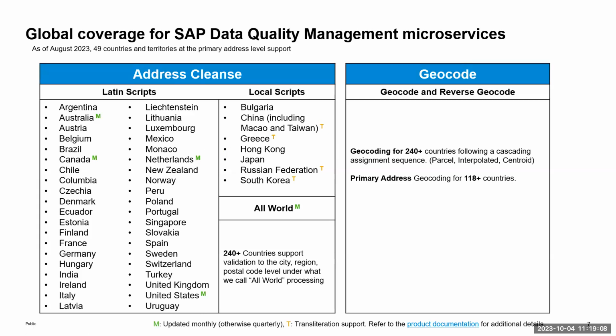And we are also making updates constantly. So if you have some countries that you like to get at the primary address level that's not supported right now, please send a request to us, and then we'll prioritize based on the customer demand. Also geocoding, we have 118 plus countries supported at the primary address level.